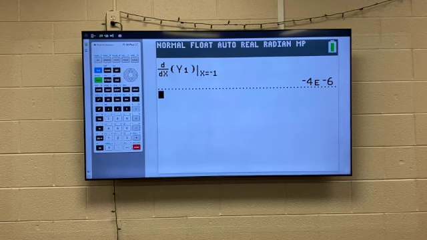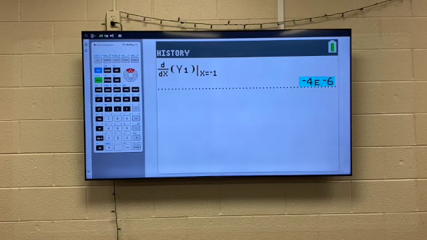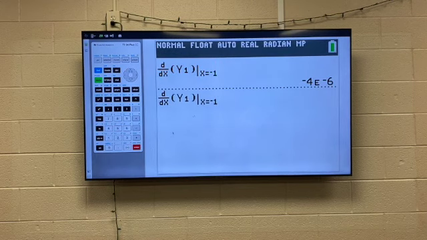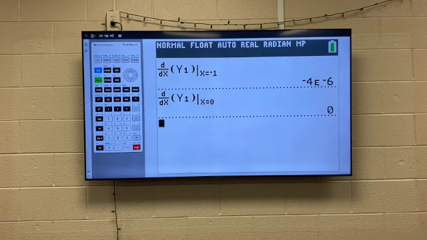And if we do the same thing at 0, they actually get 0 that time.